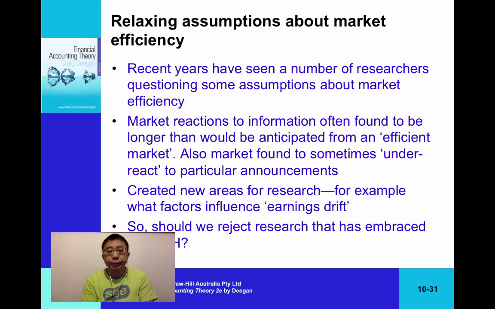In conclusion, capital market research has found some interesting connection between accounting earnings and share prices, but the results have not been that convincing, and I guess because there is also evidence to suggest that share prices are impacted by other information, not just accounting information.